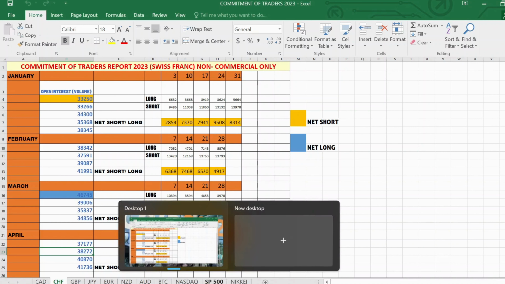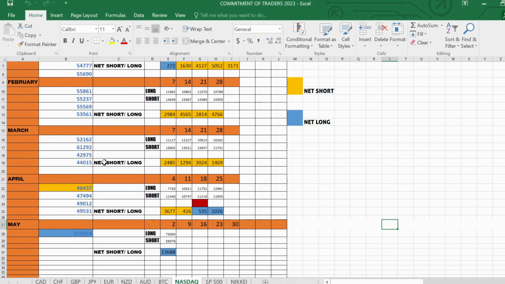So another interesting thing I've found is that in the stocks, in the latest report, you can see there was a very large build-up in the volume, especially in the NASDAQ and the S&P 500.